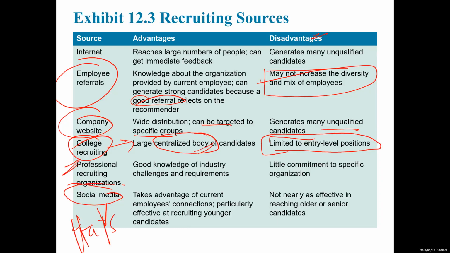Professional recruitment is good, but they have little commitment to a specific organization. They are not working just for you, they are also working for others. So if they are working for Apple and you are at Microsoft, it may go public, and an Apple manager will say, okay, I want that person, just bring that person from here.